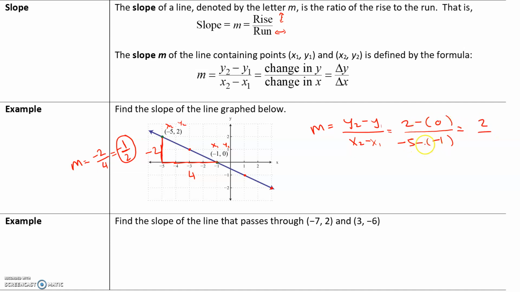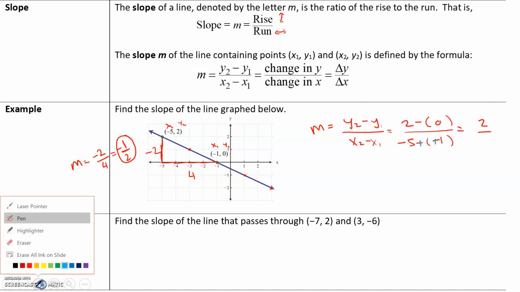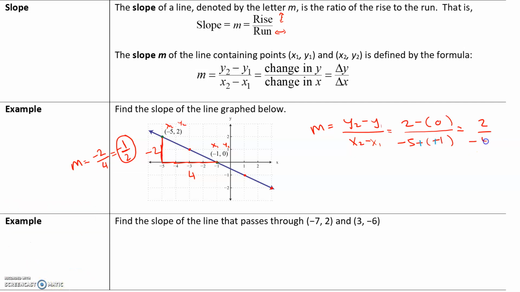When you have two negatives back to back, that does become a positive. So these two negatives will become a positive 1, and negative 5 plus 1 is negative 4. If you reduce 2 over negative 4, the negative moves to the middle because you have a positive divided by negative, and 2/4 is 1/2, so our slope is negative 1/2. Same thing we got using the graphical method.